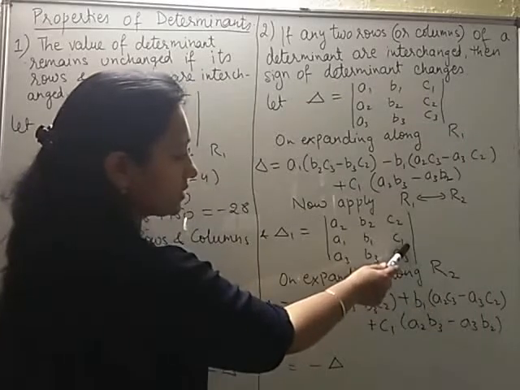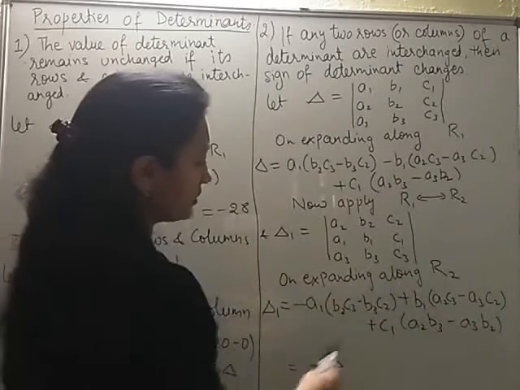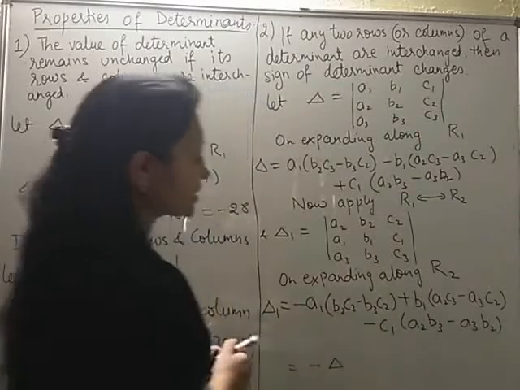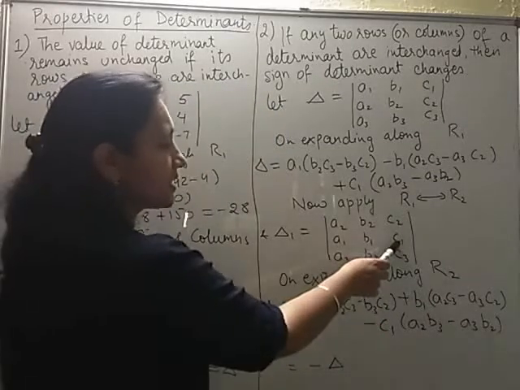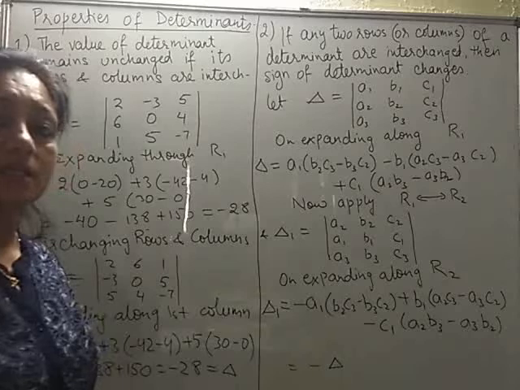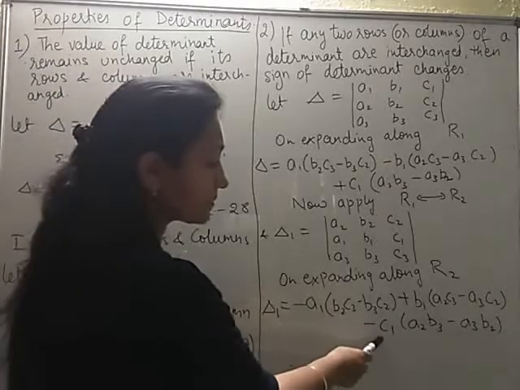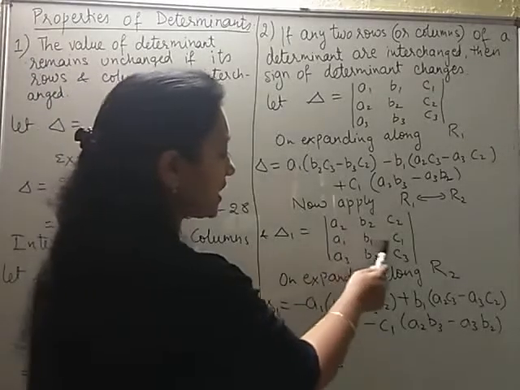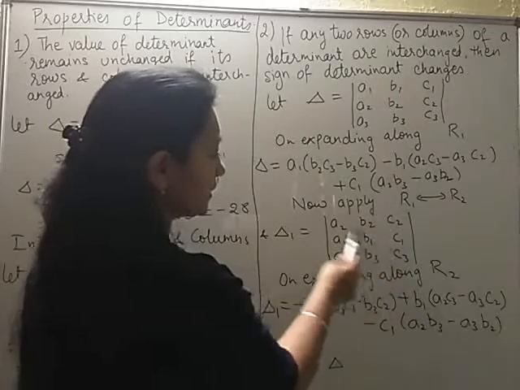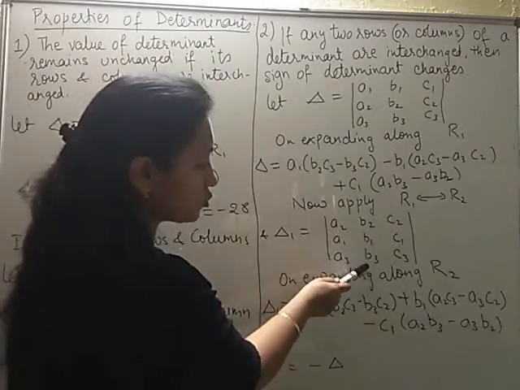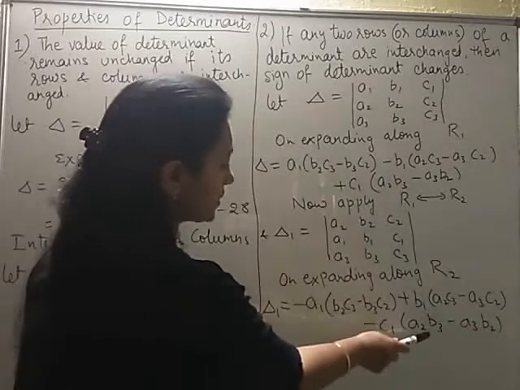Then moving on to the third element, C1, it will multiply with -1 because its position is second row, third column. So 2 plus 3 is odd. So C1 multiplies with -1 and it becomes -C1. When I hide its row and column, on expanding the minor determinant obtained, we get A2B3 minus A3B2.